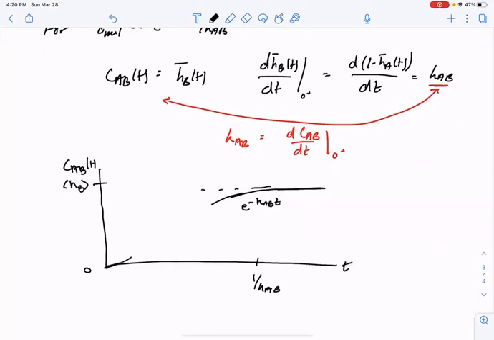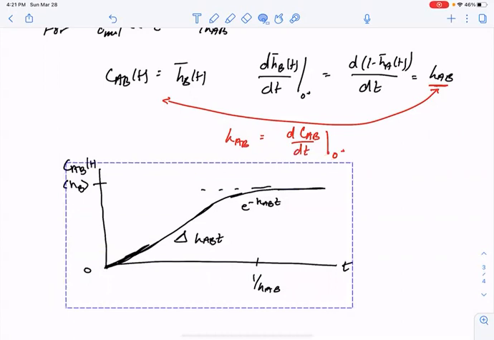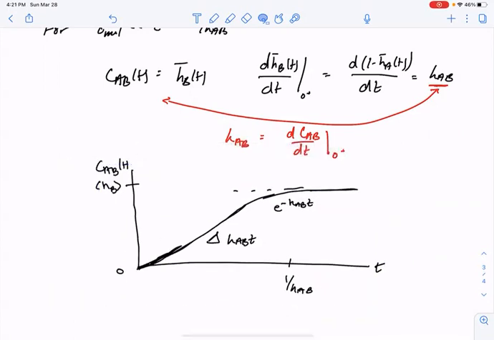But at intermediate times, it's going to have some growth, from which that rate of change will encode the macroscopic rate constant. The rate constant defined through first order kinetics.